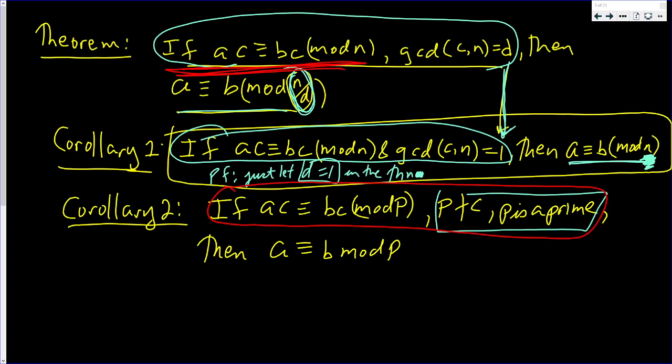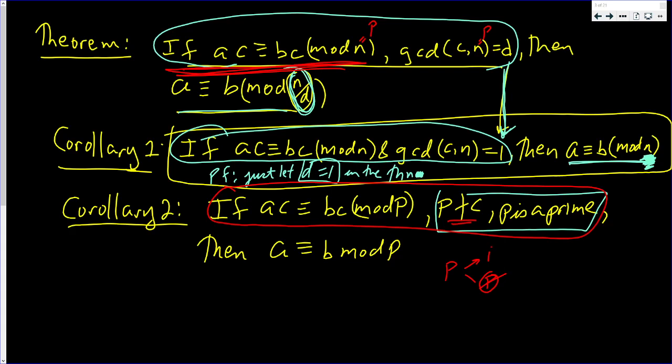It has that part where n is P. Just alphabet soup. n is P. Well, P does not divide C. The only factors of P are 1 and P. But P doesn't divide C. That is, when it comes to C, it doesn't have P as a factor.